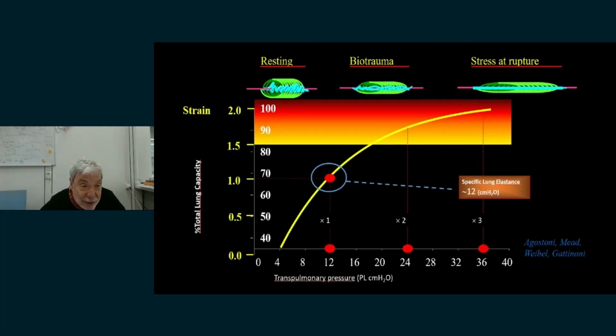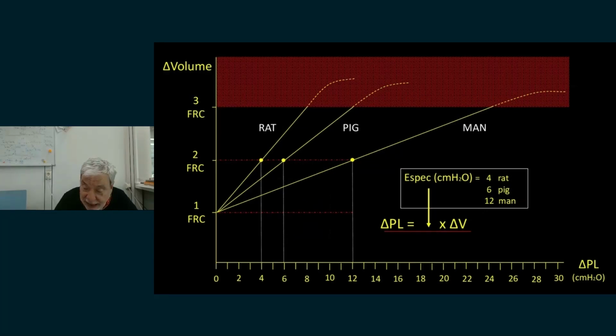We have a resting situation, then we have some strain up to the biotrauma, and at the end of the story, we have the stress at the rupture. Usually in man, when you apply 12 centimeters of water of transpulmonary pressure, we are doubling the FRC.